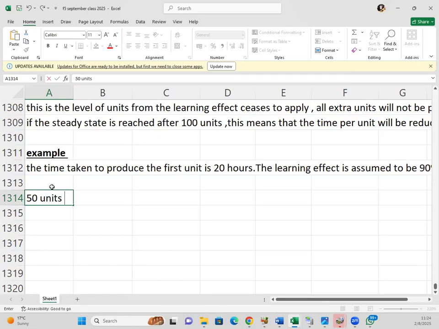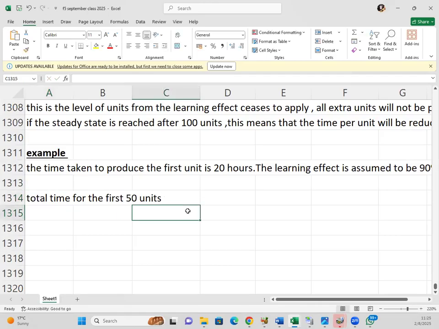So we need the total time for the first 50 units. How do you come up with this?